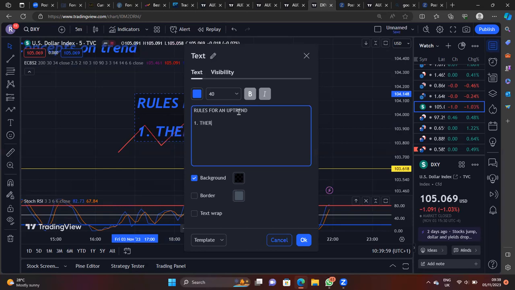There must be a recorded market structure in patterns, higher lows.